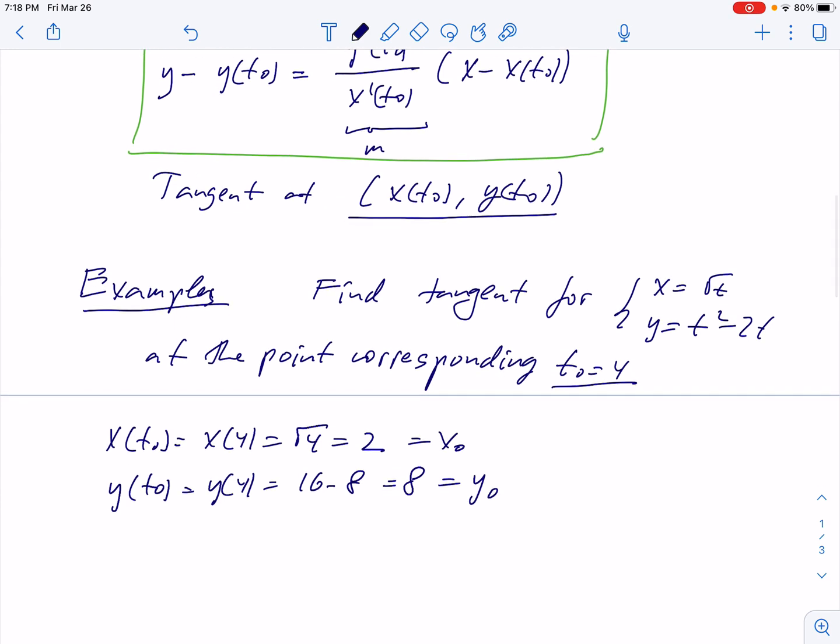Now the point is (2, 8). At this point we want the tangent line.